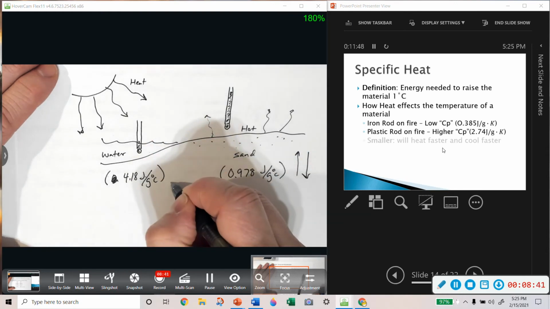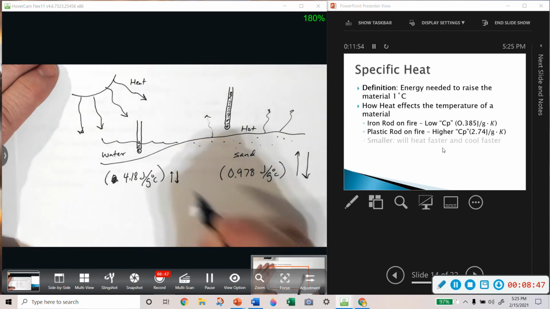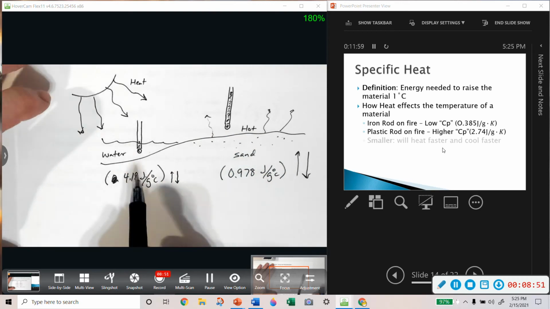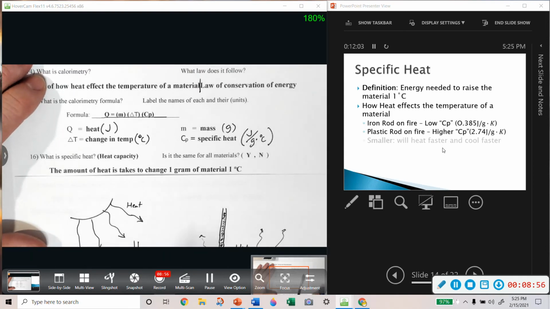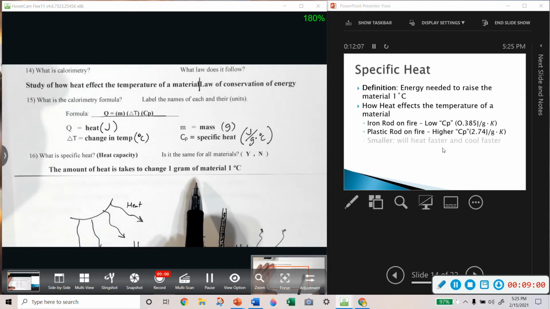This one takes a long time to rise up in temperature, but then it takes a long time to cool off. It doesn't change as fast. So specific heat is how well a material can absorb energy. And different materials absorb energy a bit differently.